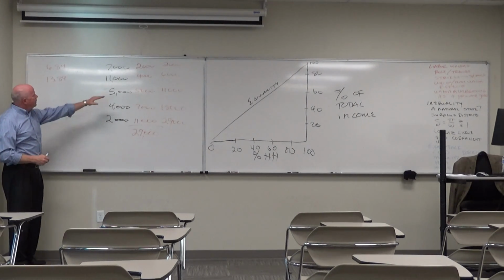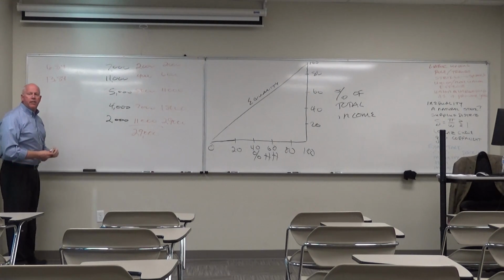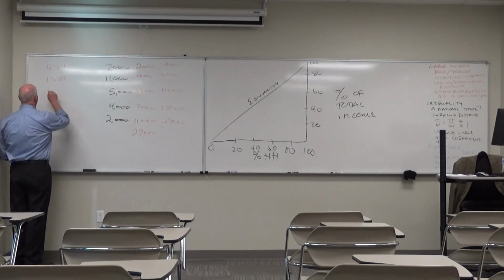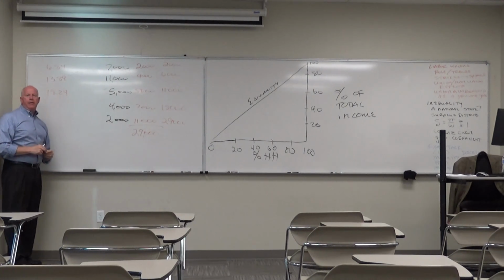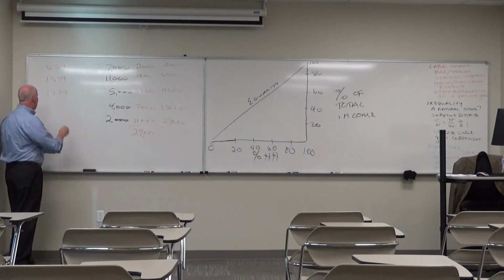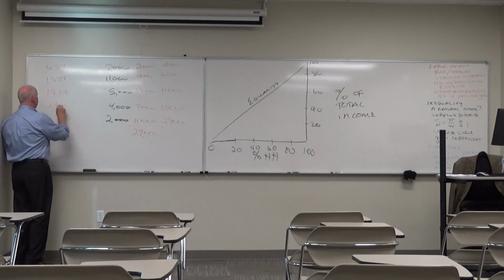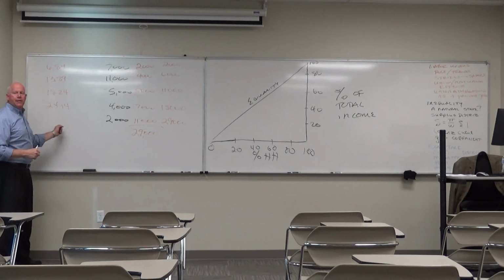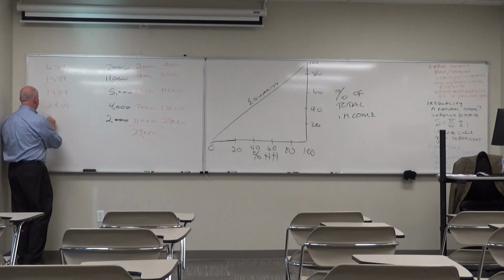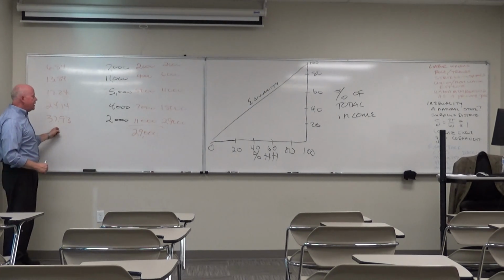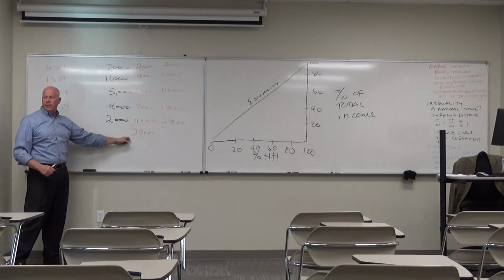And then the 5,000 is going to come in at 18.24%, I believe. And the 7,000 is going to come in at 24.14. And then the 11,000 is going to come in at 37.93. And these numbers are each percentages of the 29,000.